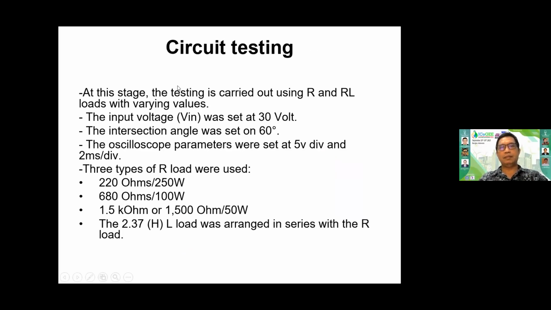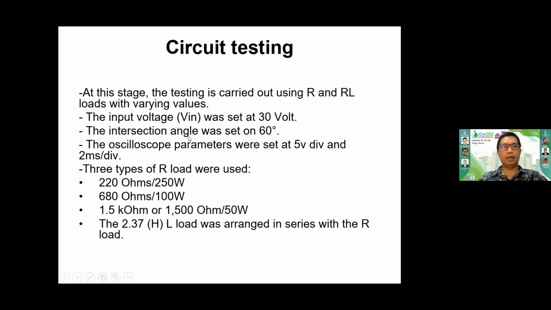For circuit testing, we have 2 stages. The first is conceptual design, and the second stage is implementation in circuit testing. In this stage, the testing is carried out using R and RL loads with varying values.